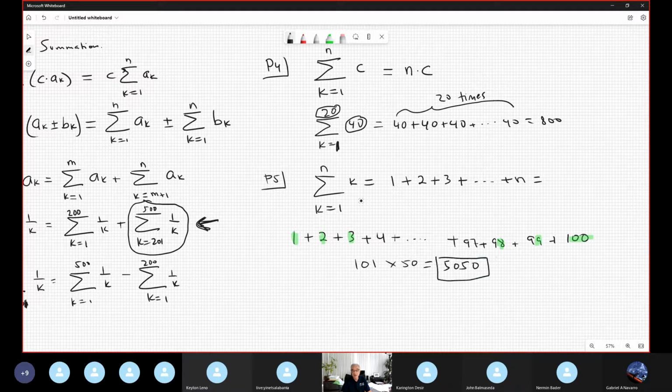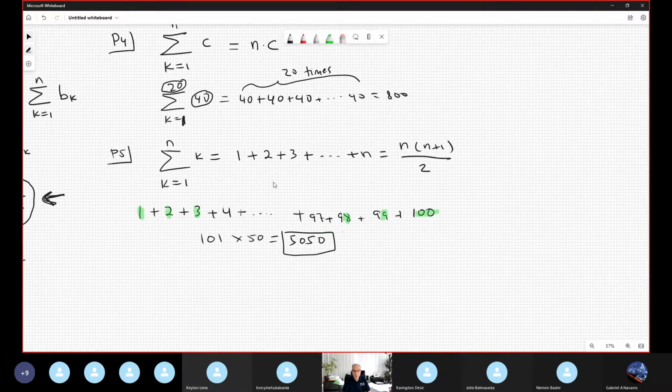This is the idea behind that formula. The formula is n times n plus 1, divided by 2. In our specific example of Euler, the summation k equal 1 to 100 of k is 100 times 101, that is, 100 times 100 plus 1, divided by 2.